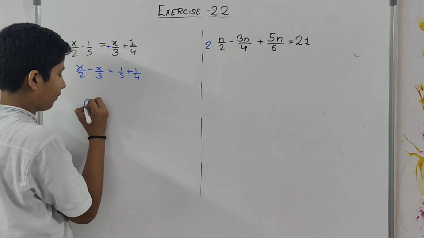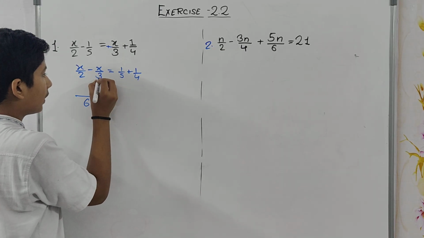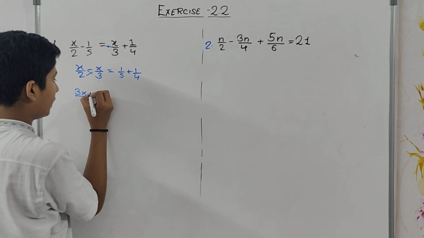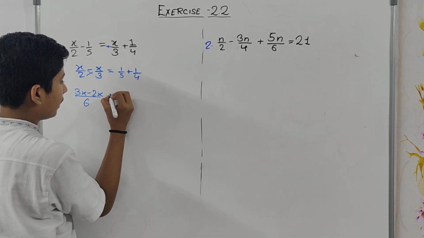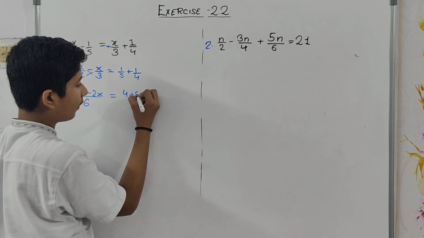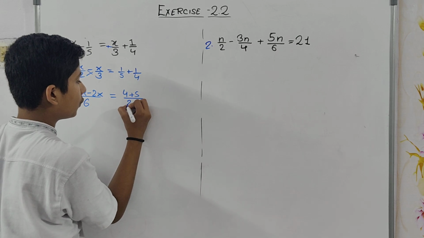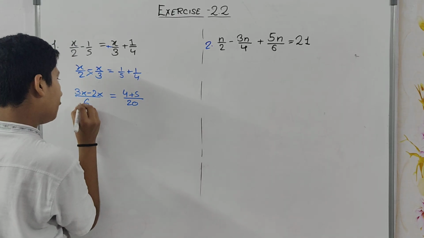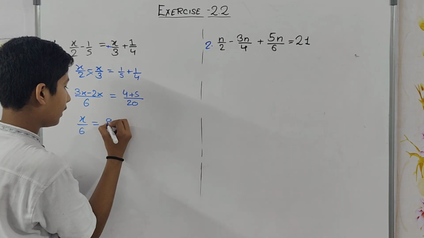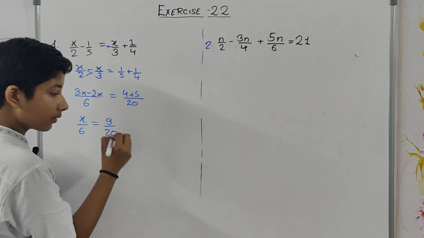Now we take LCM. So 3x minus 2x equals 4 plus 5 upon 20. Okay, so x by 6 equals 9 by 20.